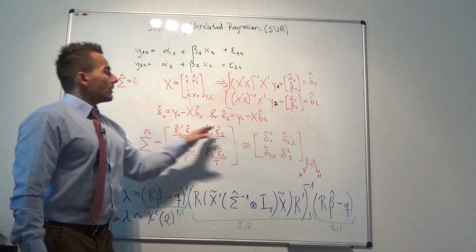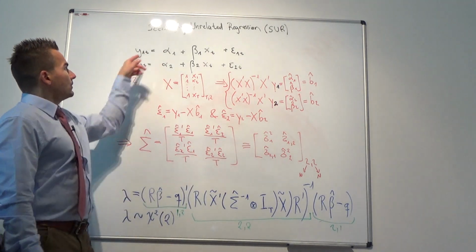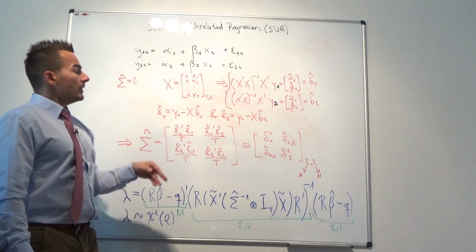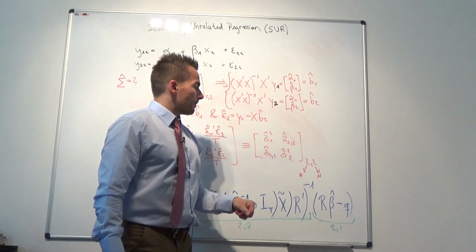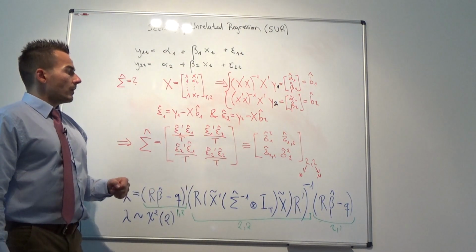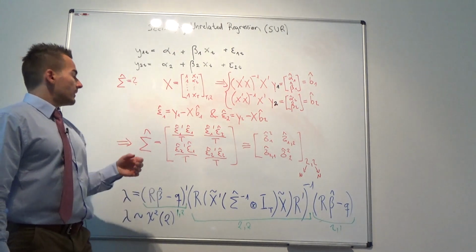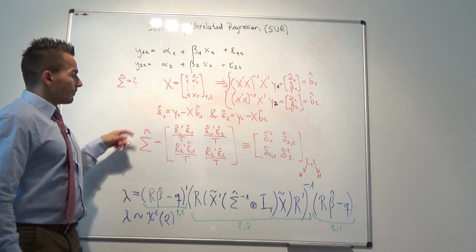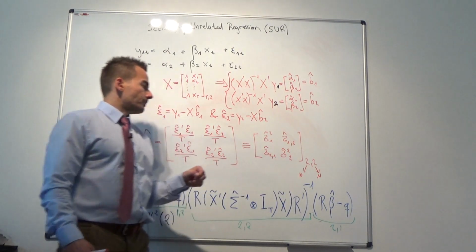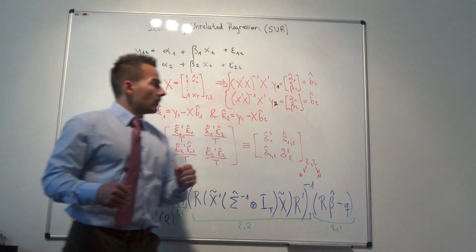So the residual covariance matrix, given that we have two equations here, is a 2 by 2 matrix, or an N by N matrix. If we have 25 test assets, then obviously our residual covariance matrix must be 25 by 25. So that's the first step, and let's move on.